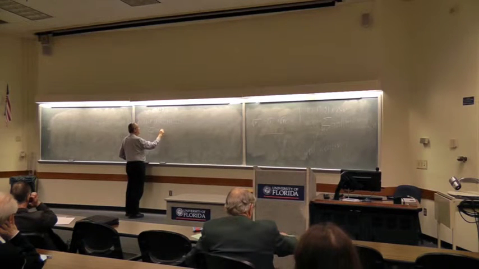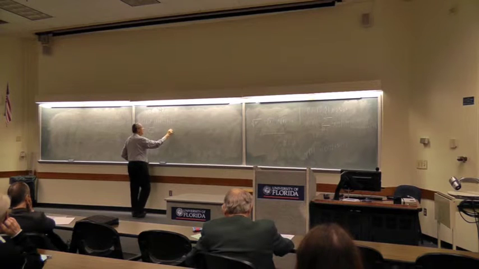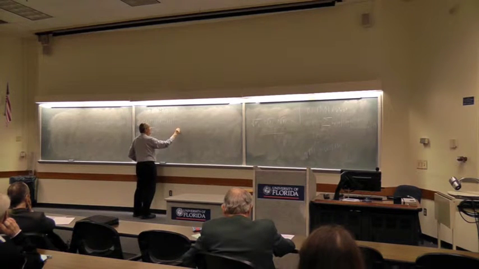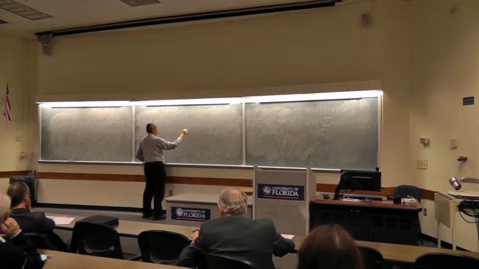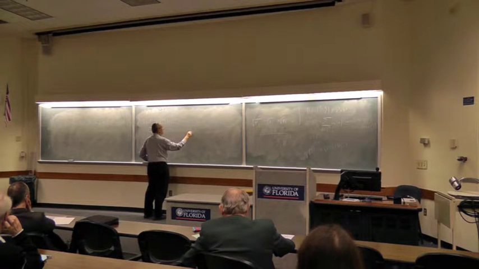Theta epsilon epsilon prime, theta epsilon plus lambda epsilon prime plus lambda prime, theta epsilon plus mu epsilon prime plus mu prime, theta epsilon plus lambda plus mu epsilon prime plus lambda prime plus mu prime.